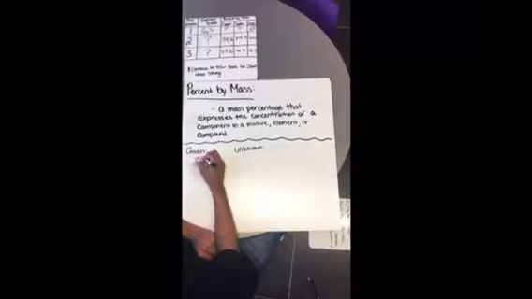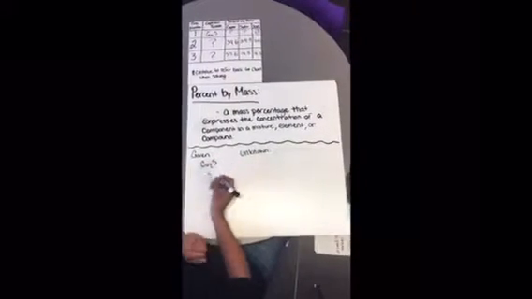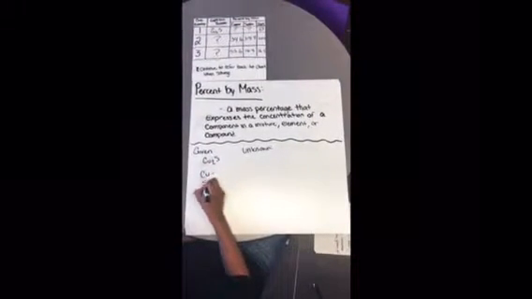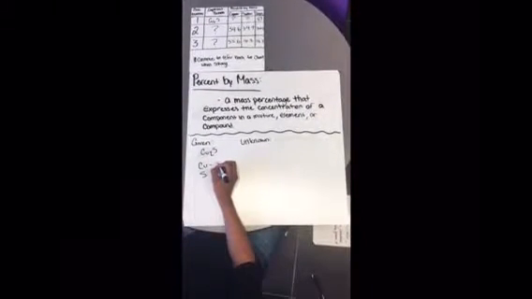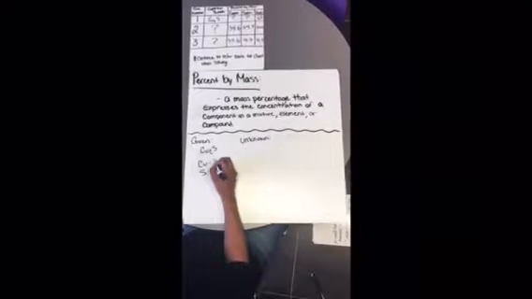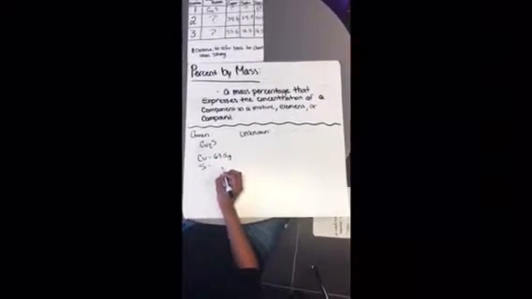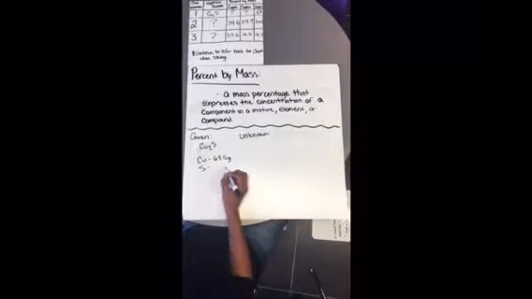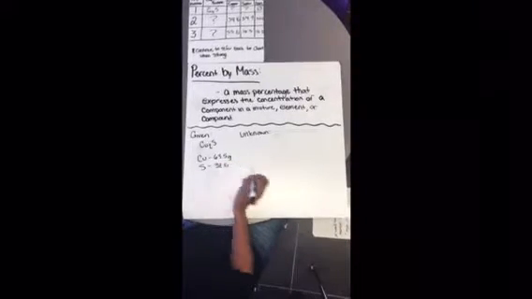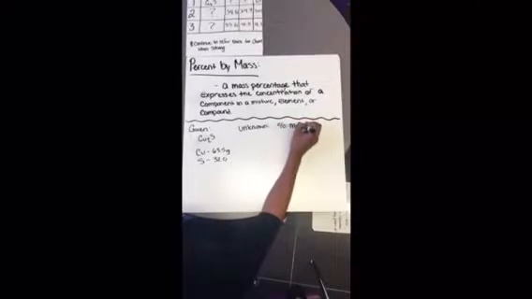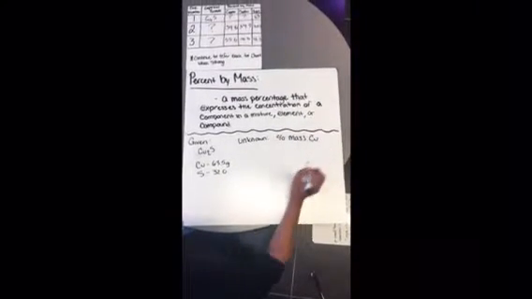We are given the compound Cu2S, and the weights of both Cu and S. Cu weighs 63.5 grams, and sulfur weighs 32 grams. And then our unknown is the percent mass of the Cu.